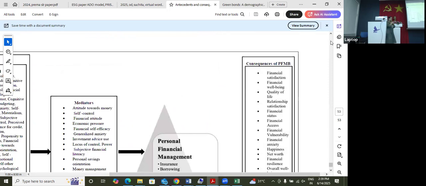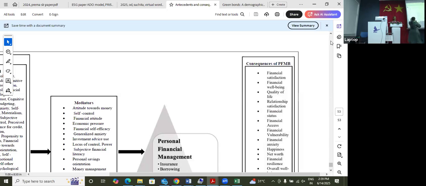So there is no bifurcation. There are total consequences of personal financial management. This is the outcome. This one is your A, that is your antecedent. So remember, we have to read each and every paper to find out the antecedents.